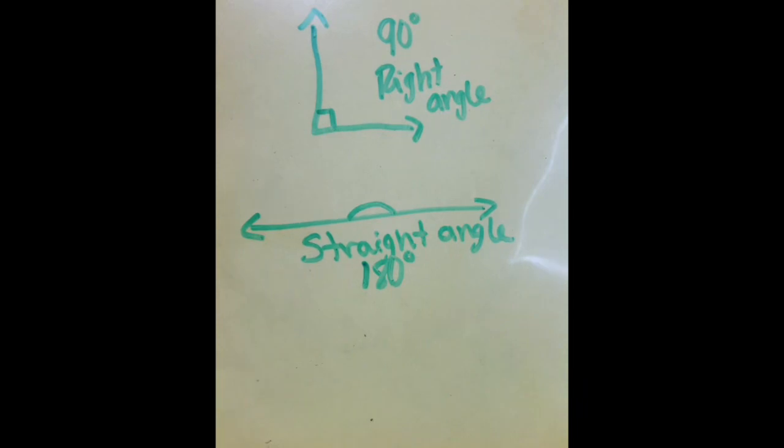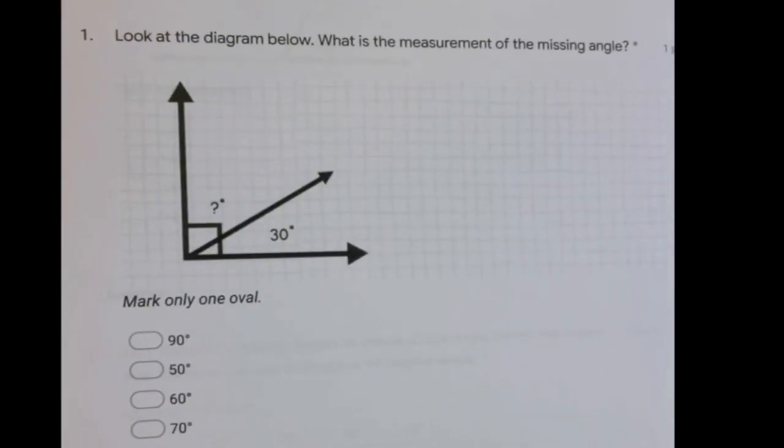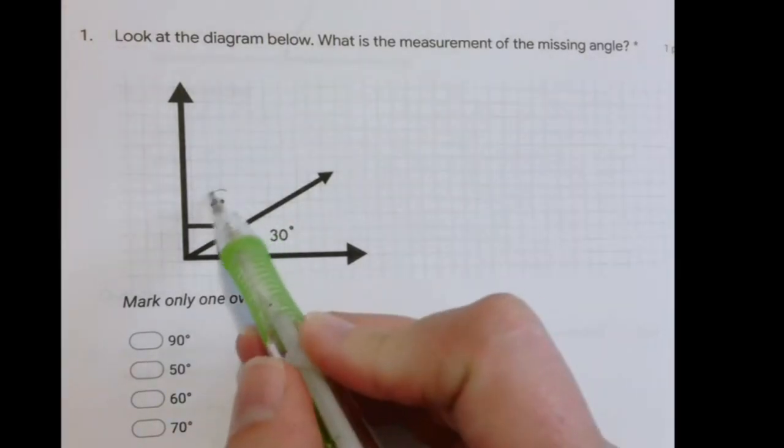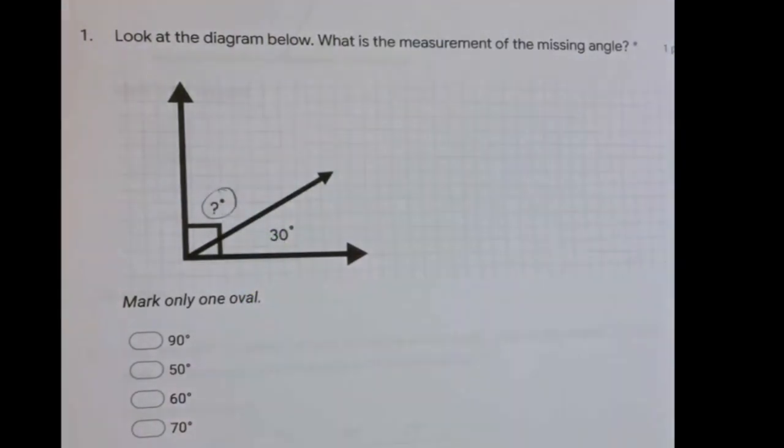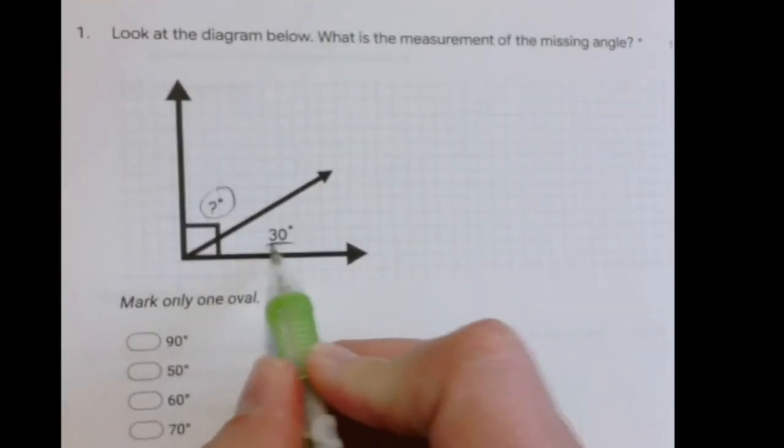Okay? The first question I want to look at with you today is right here. It says, look at the diagram below. What is the measurement of the missing angle? So the missing angle, of course, here is where the question mark is. We have to have at least two numbers before we can do anything. Well, we see that this picture gives us one number, it gives us 30.